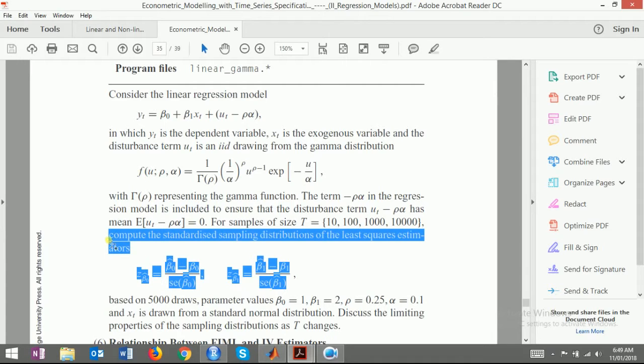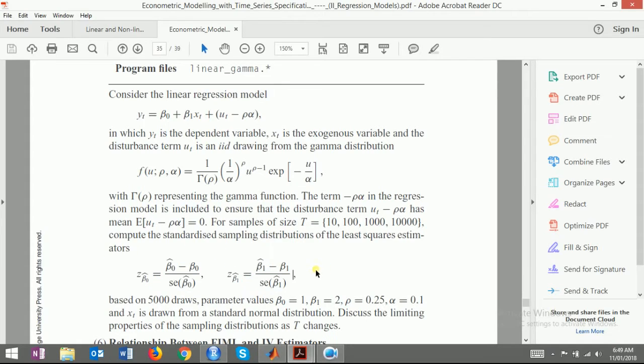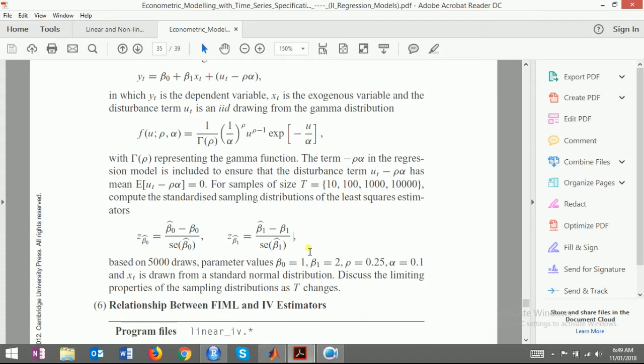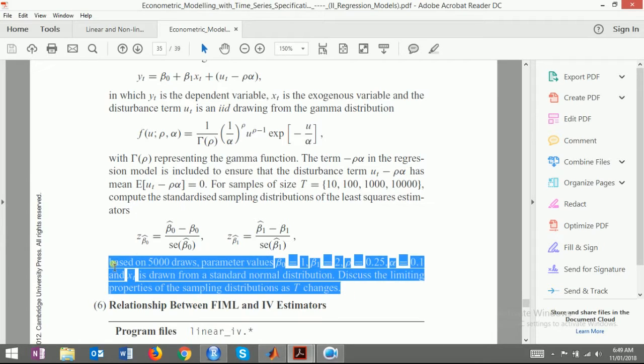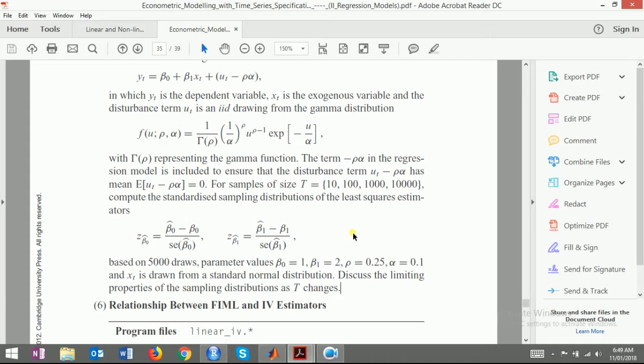Nowadays it's very easy. You have the function of z norm or z score. You can simply call it with a function and it will do the standardized distribution for you, for any distribution automatically, based on 5000 draws. So you need to do 5000 replications.